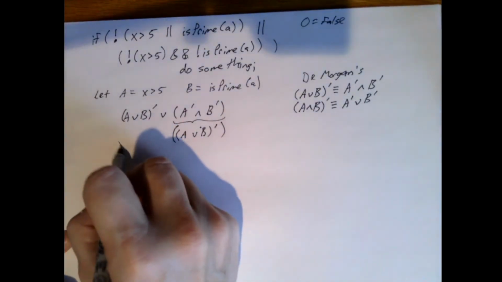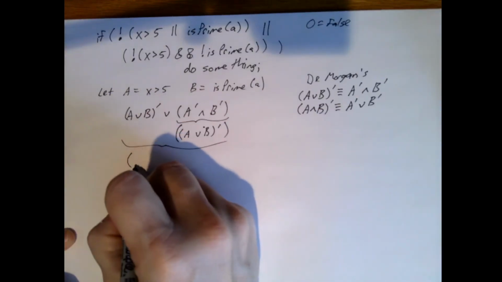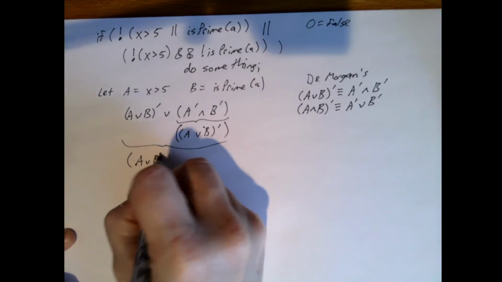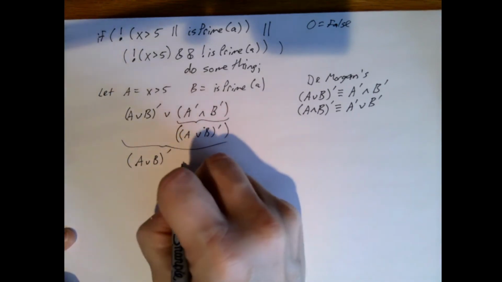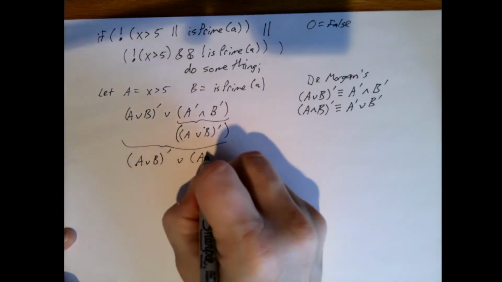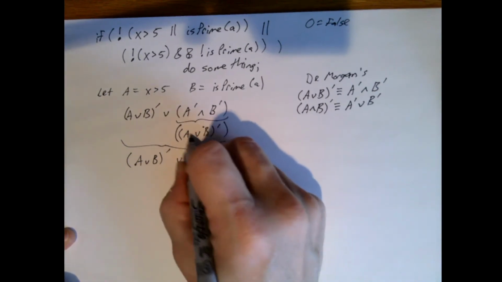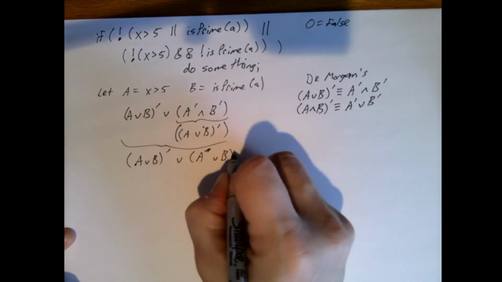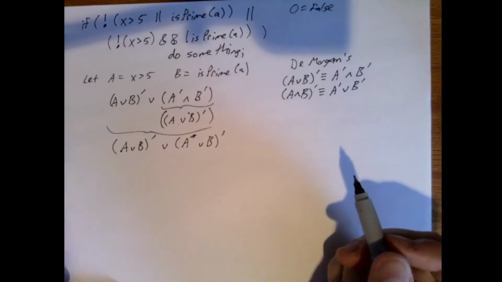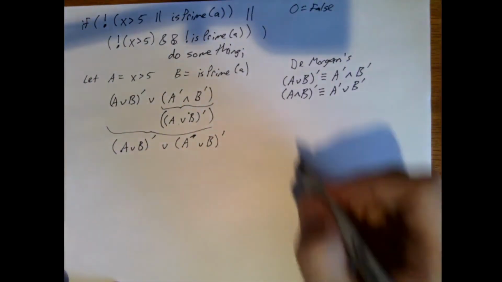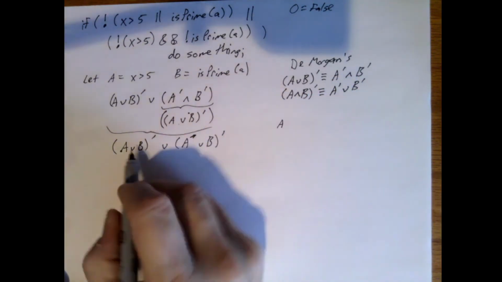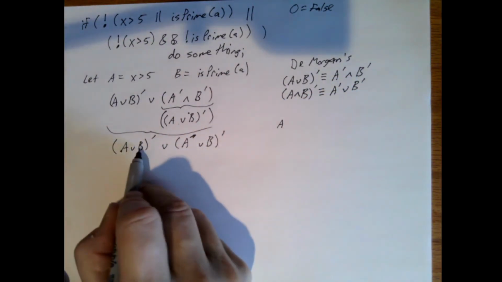So the overall expression becomes A or B negated, or A or B negated. Okay, so what's the truth value of this? So this right here, these two are the same, right? A or B negated with an or between them.